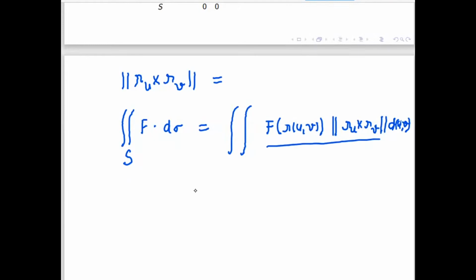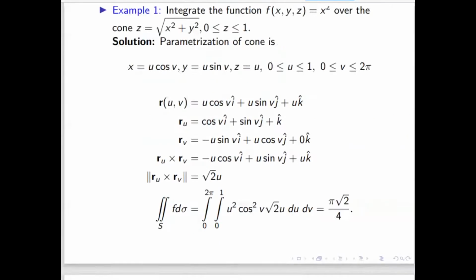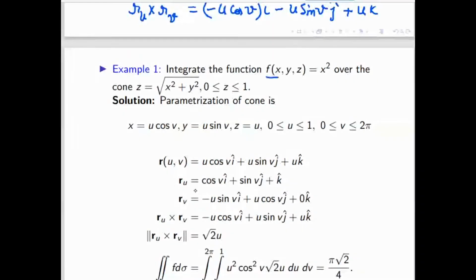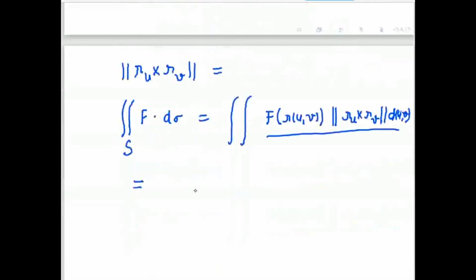This is the formula for the surface integral. In this question, f is given as x square. So what is the value of f over this r? We put the x value here. If y were also there, we would replace y by u sin v and z by u. So that is f at this value.